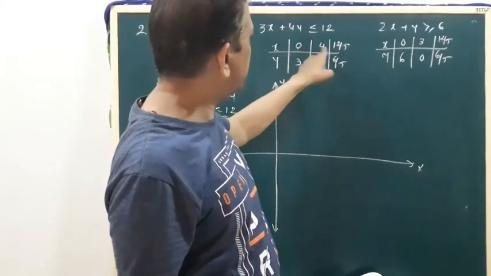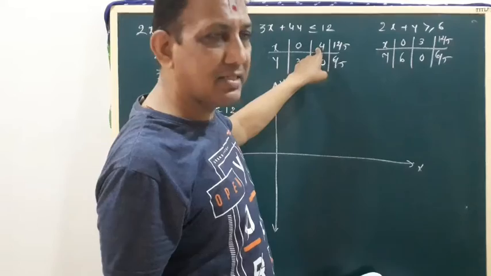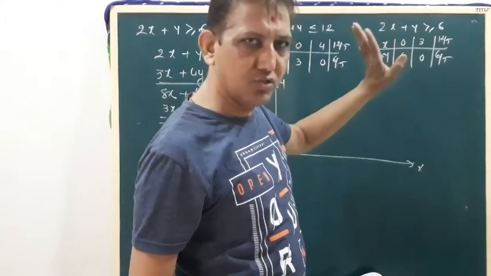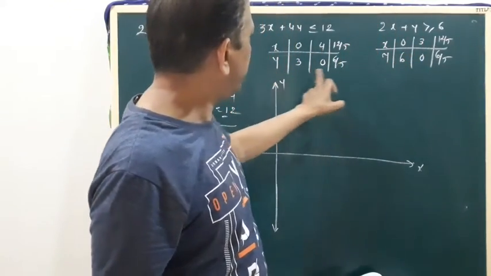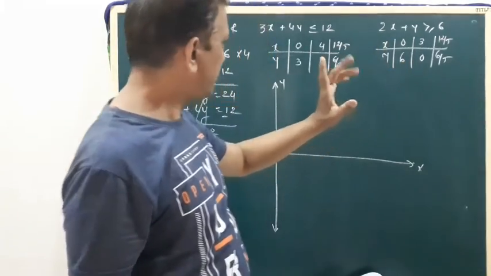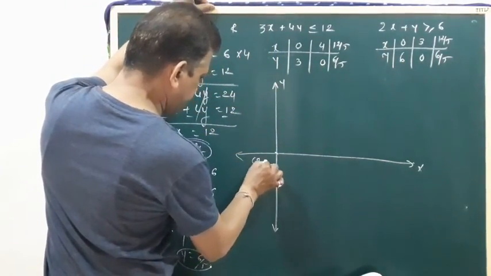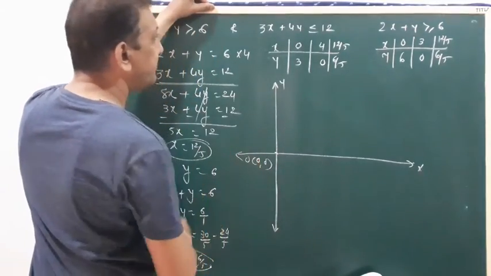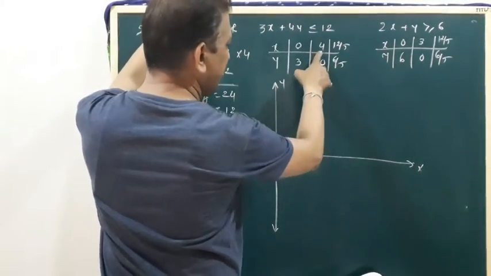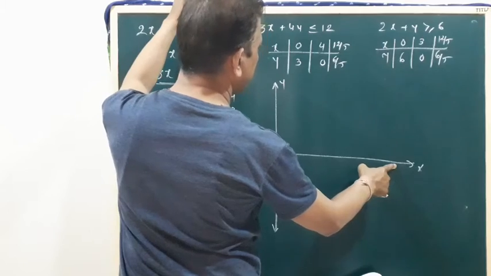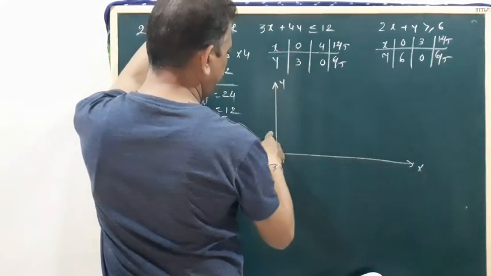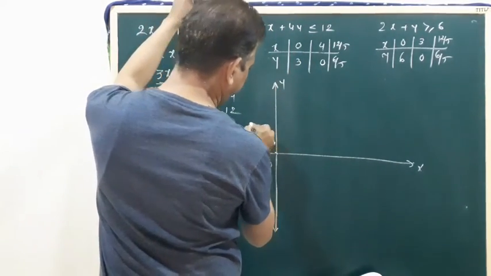Here on the x axis in this table 4 is the maximum. Here are the 3, so no maximum. And on the y axis here the 6 is maximum. So remember when we draw the graph, look at this. Origin. 4 is the maximum. So we take it here. And 0, 3 we take in the lower part.